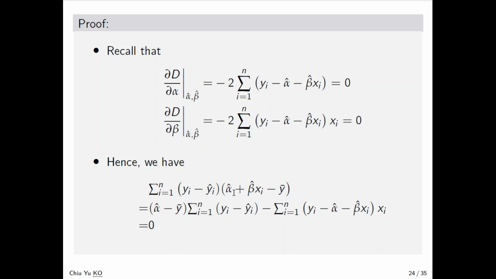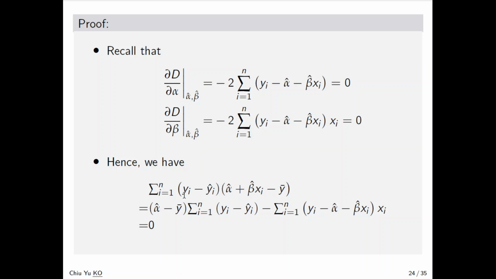Y hat is alpha hat plus beta hat xi, and we take the hat and y bar out, because it is unrelated to the i, since it's a summation. And y bar can be taken out, and the summation of yi minus y hat will be 0, because the mean of y hat is an unbiased estimator; this is also the mean y bar, so this is 0. And for this part, this is exactly the second FOC, so that's why it's 0.